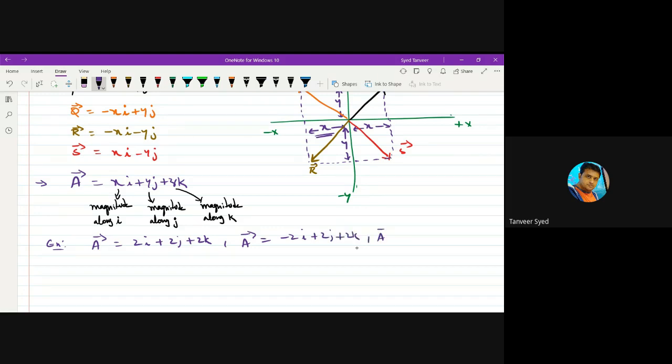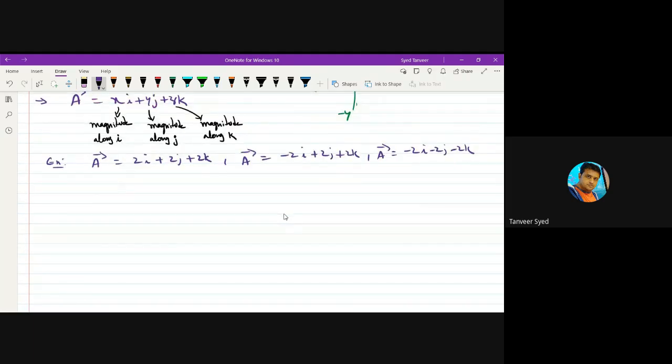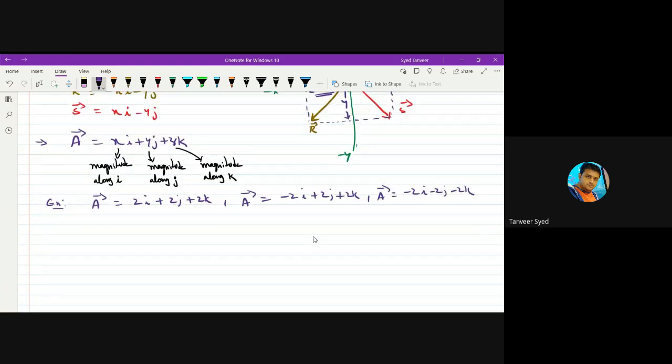Or vector A can be minus 2i minus 2j minus 2k. It can be anything. It's just like finding directions, right? Finding the path. Start from here, go straight, take left, then go straight, turn right, take a U-turn, like that. So by looking at each term of the vector, you should imagine that you are going in that particular direction by that much magnitude.